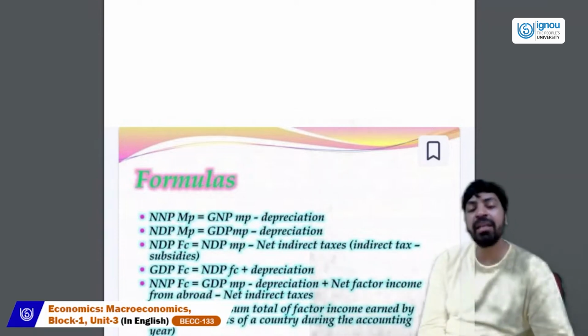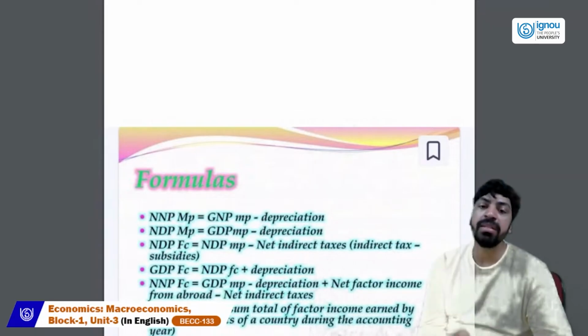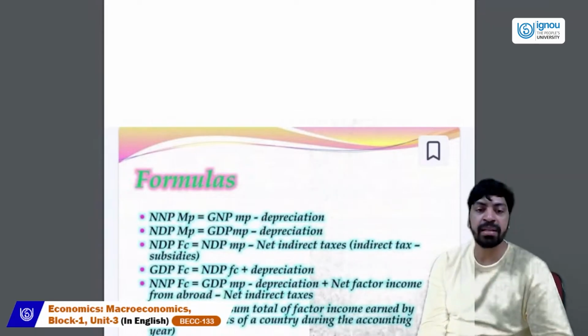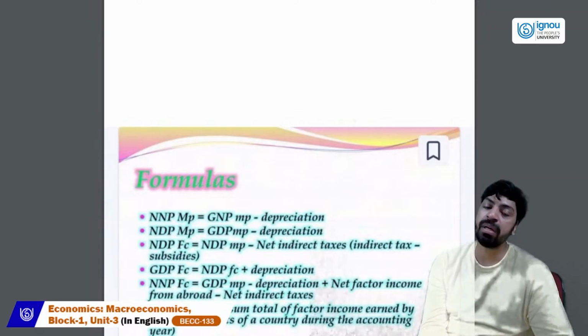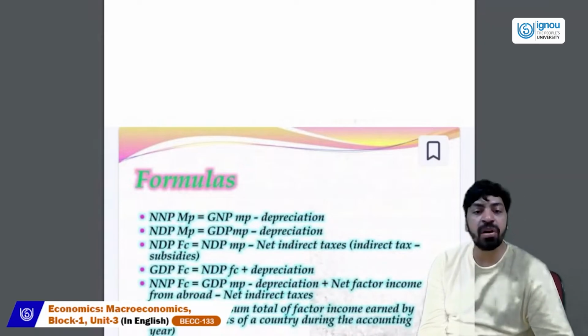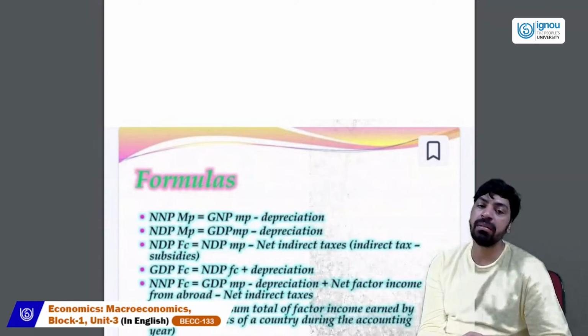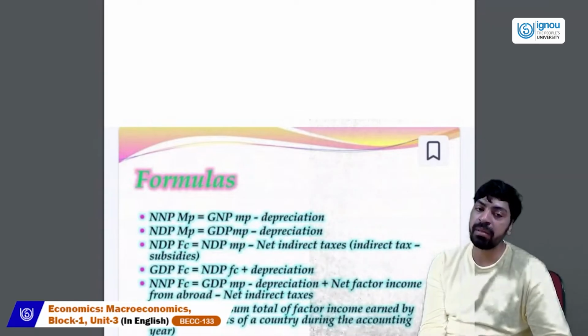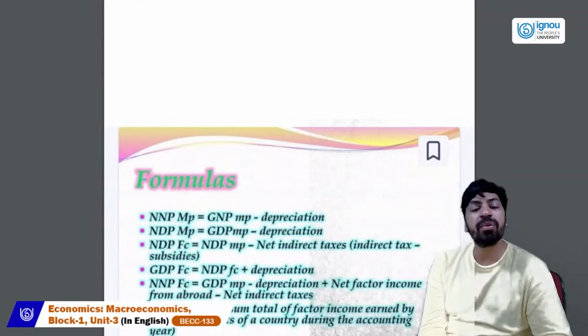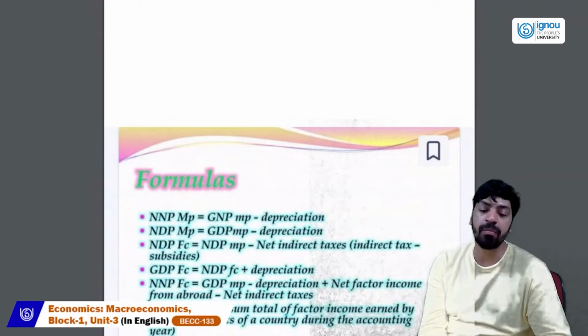It is very important to understand when these formulas are to be used: gross to net, market price to factor cost, factor cost to market price, or net to gross.